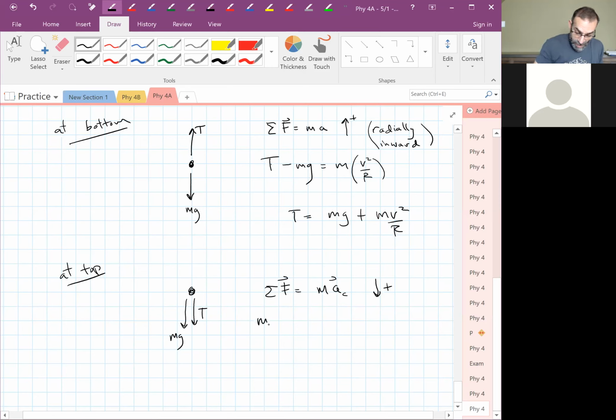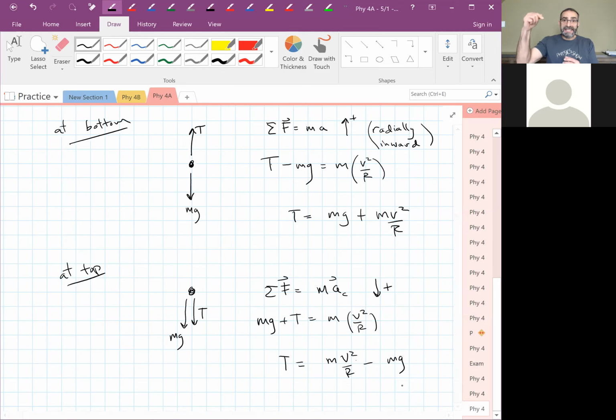That means I have a positive mg and a positive tension and a positive v squared over r for my acceleration. And so my tension is mv squared over r minus mg. So the weight of the object provides some of the force needed to keep the object moving in a circular path, and the string just has to provide the extra that's needed to keep it moving in a circle.